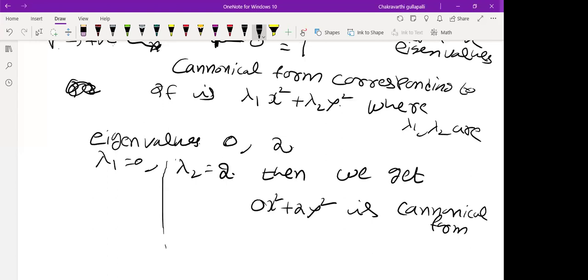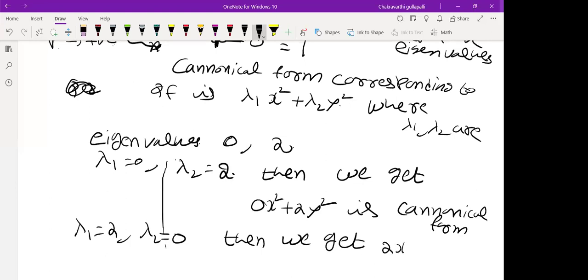Suppose I take lambda 1 as 2, lambda 2 as 0, because there is no particular order, then we get 2x square plus 0 as canonical.